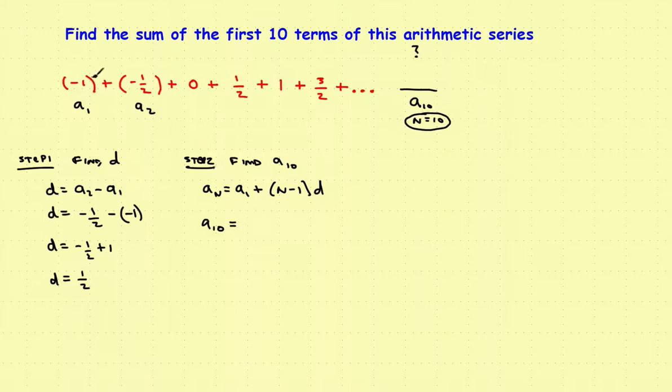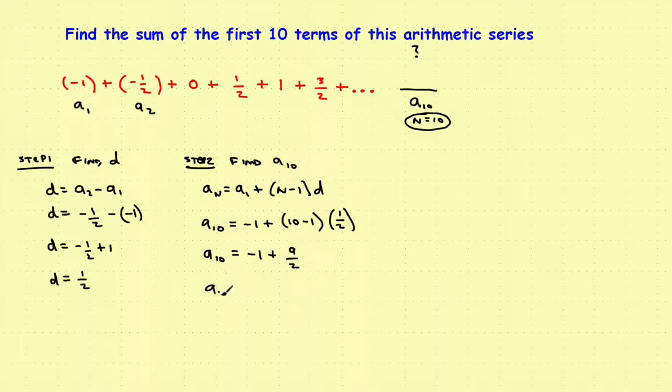So a sub 1 is -1. Plus, I want 10 minus 1, and the difference is a fraction, 1/2. Okay, that gives me a sub 10 would be equal to -1, and this will turn out to be 9 times 1/2, or 9 halves.